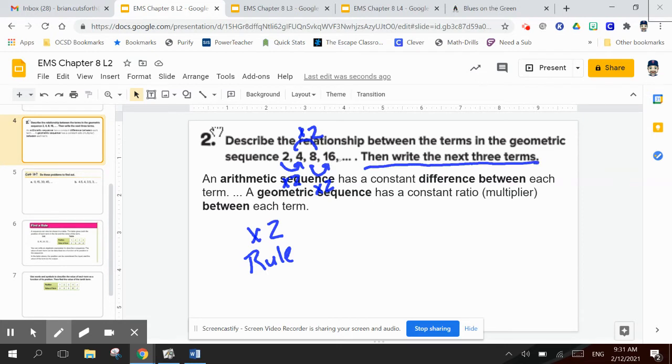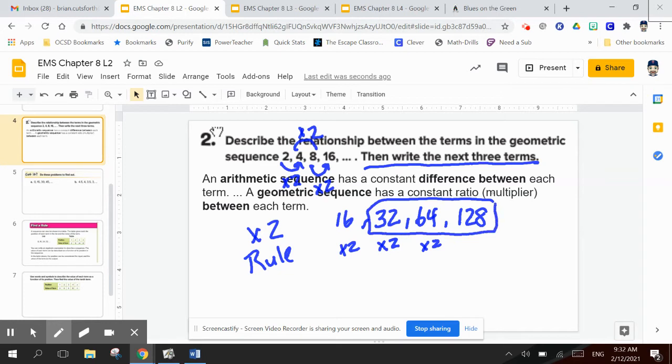Starting at 16, what is 16 times 2? It's 32. 32 times 2 is 64. And 64 times 2 is 128. So there are the next 3 numbers in my sequence.